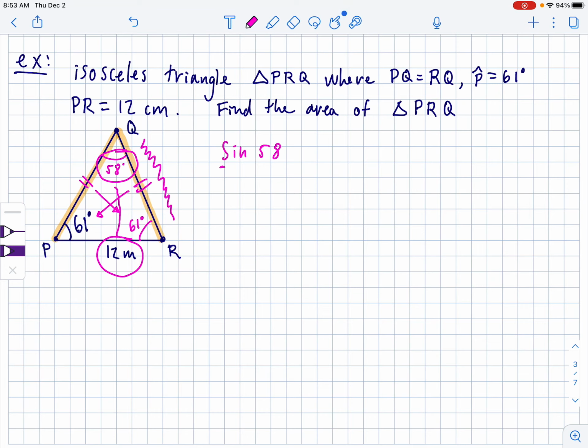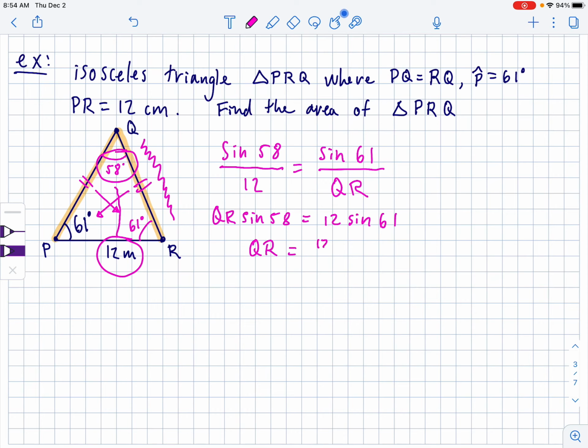So sine of 58 over 12 is equal to sine of 61 over QR. So then cross multiply and get QR sine 58 is equal to 12 sine 61.